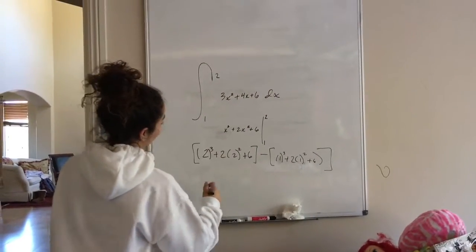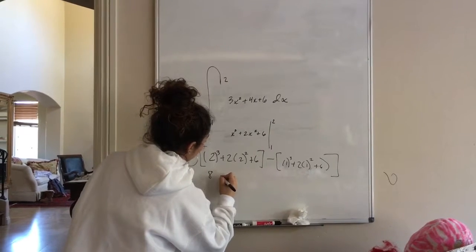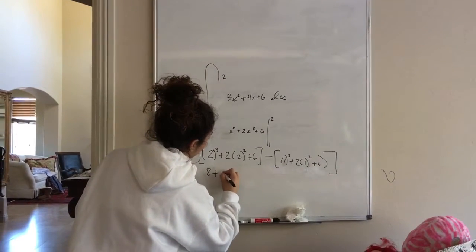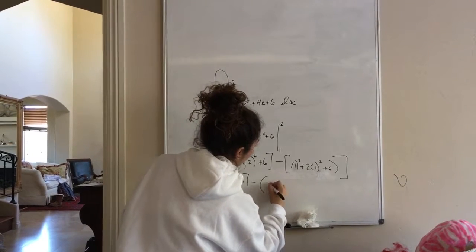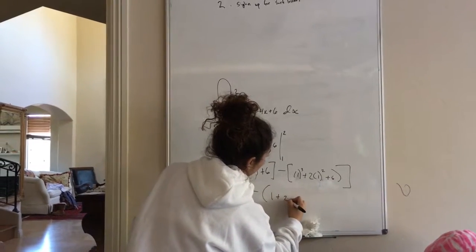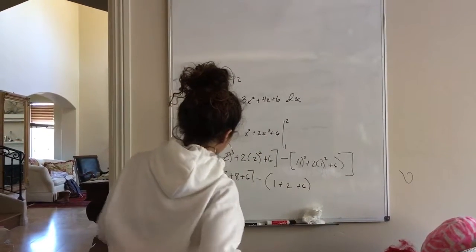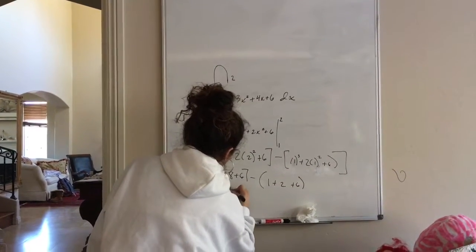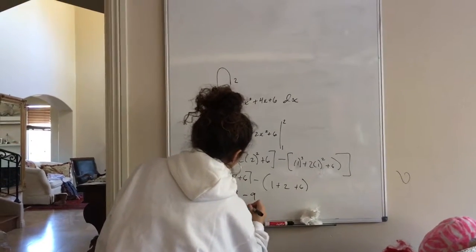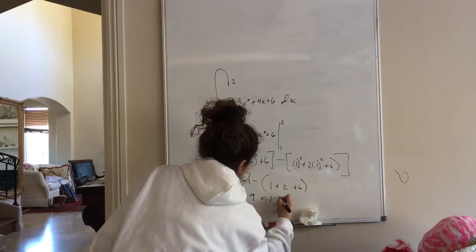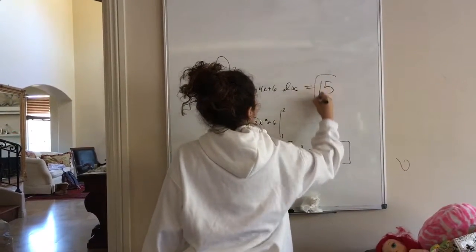So you solve this integral by just evaluating this. 8 plus 8 plus 6 minus 1 plus 2 plus 6. And then this is 24 minus 9, which is 15. So 15 is the answer to this definite integral.